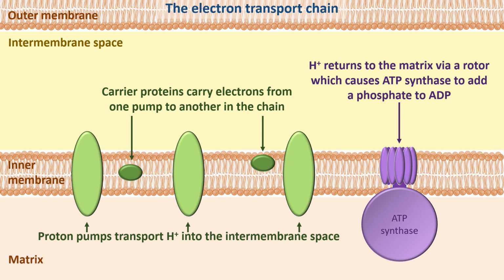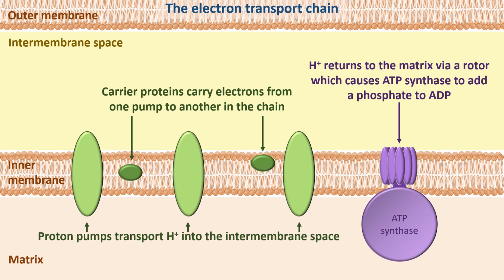Our purple blob, this is where H+ is going to return from the intermembrane space back into the matrix of the mitochondrion. When it does that, it turns the rotor on the top there, and this then activates the ATP synthase below it.